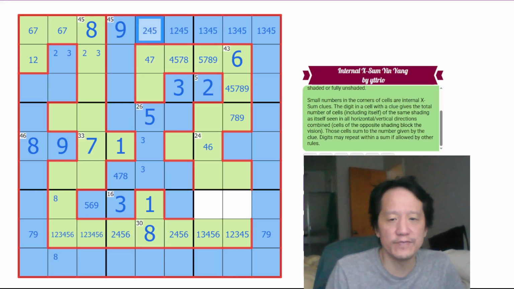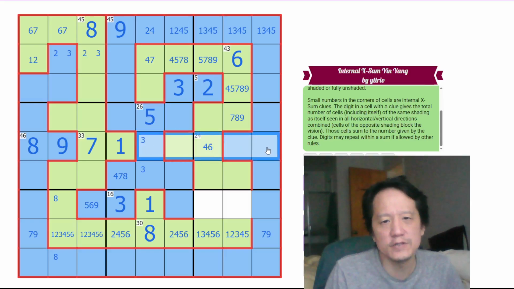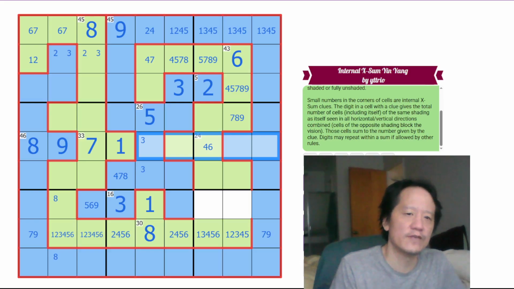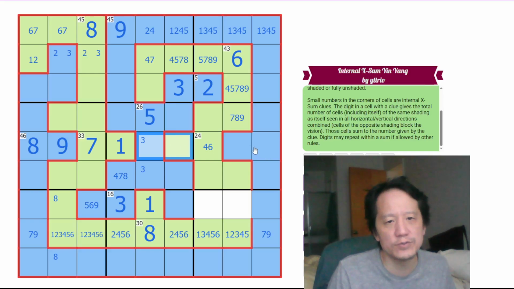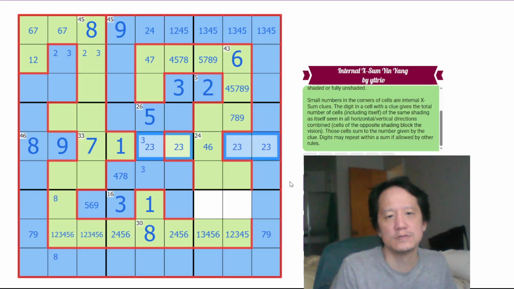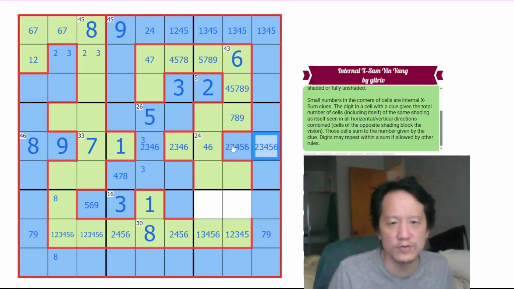This cannot be 5 because of the 5 in the column. These digits in row 5 have to be 2, 3, 4, 5, 6. And 5 cannot be either of these. So 5 has to be one of these two here.